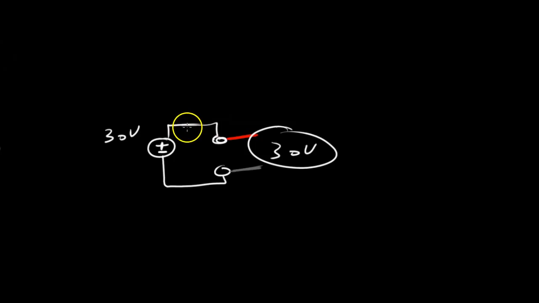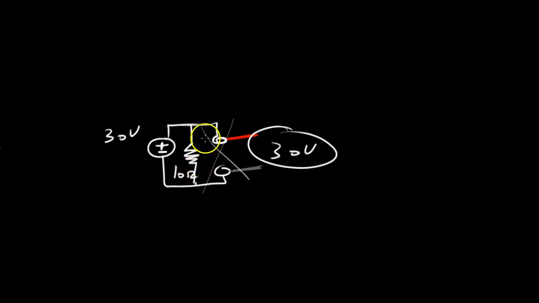And for example, if I put a resistor here, current's going to want to go to the path of least resistance, so it's not going to want to go here because the resistance is almost infinity. But let's say this is 10 ohms.